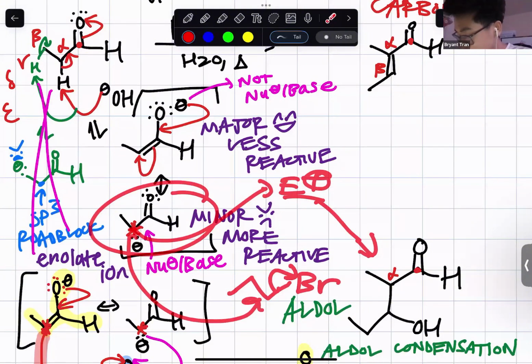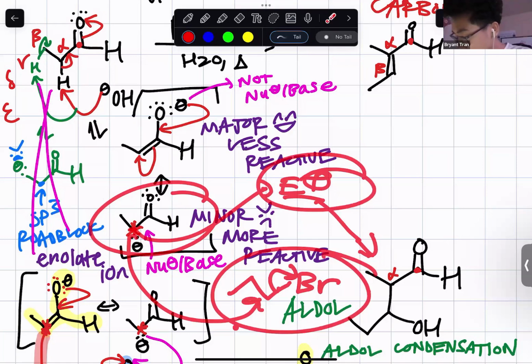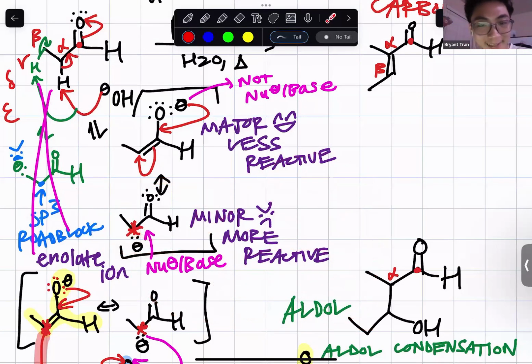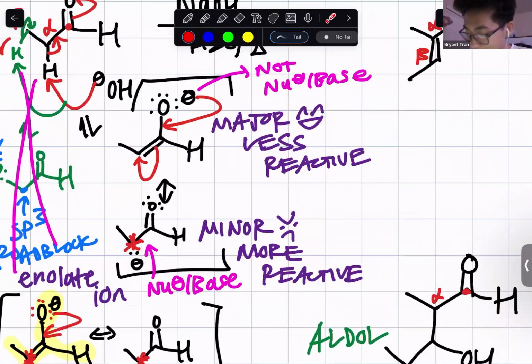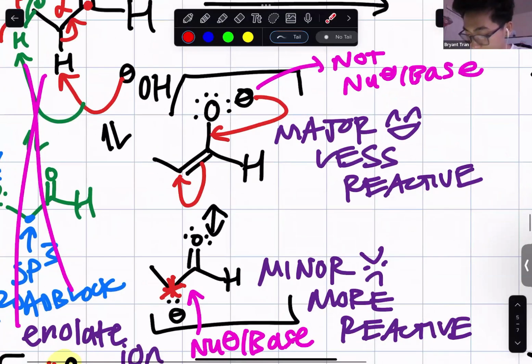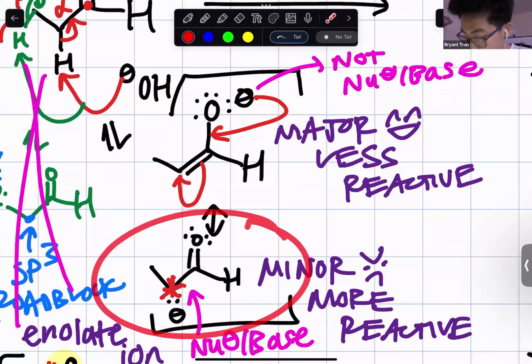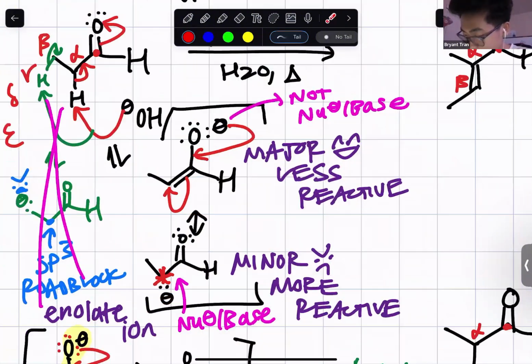Depending on what electrophile you have, it could give you a different reaction using the same nucleophile. Just think about it conceptually, what's the chemistry of this enolate ion. The most important thing is that this enolate ion's nucleophile is this alpha carbon. There's a negative charge on the alpha carbon, so our nucleophile is not the O- right there.